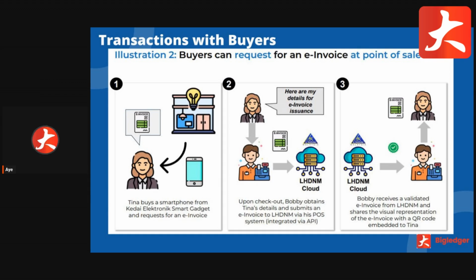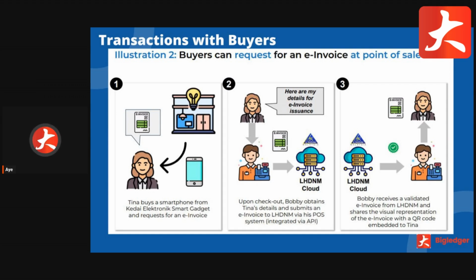Then after that, the cashier needs to key in all the details and submit to LHDN. Maybe they can submit from the portal itself or using the API integration. Maybe their system is already integrated with the LHDN, then it will be directly sent to the LHDN site.